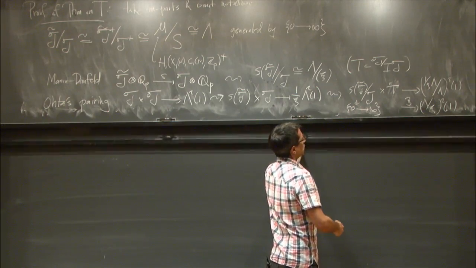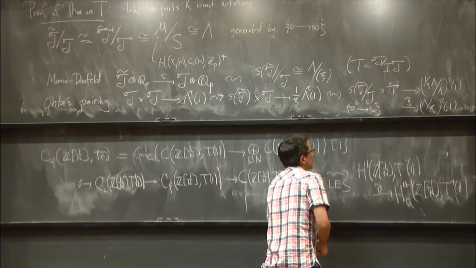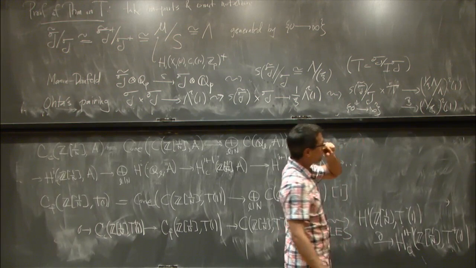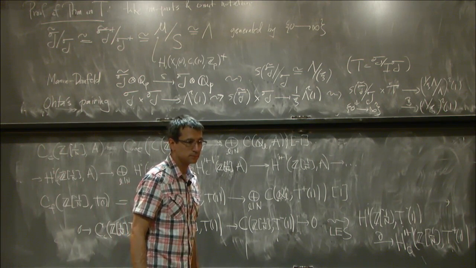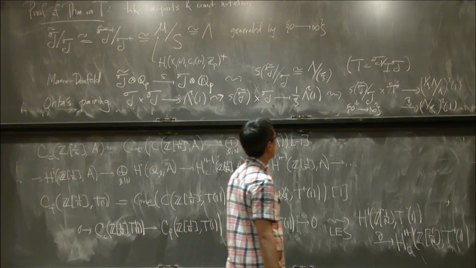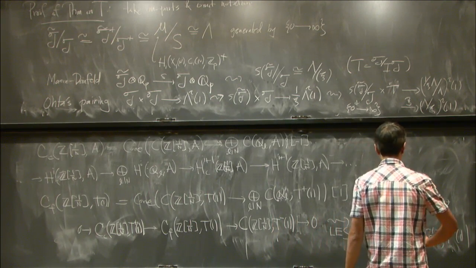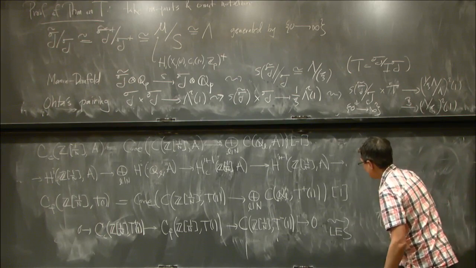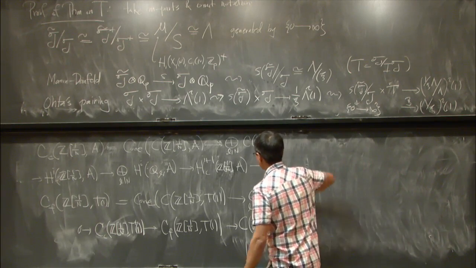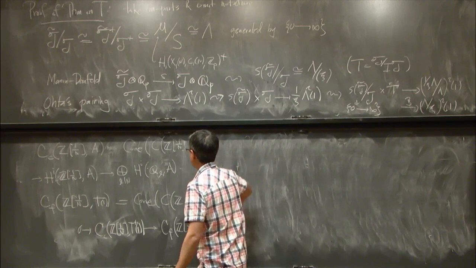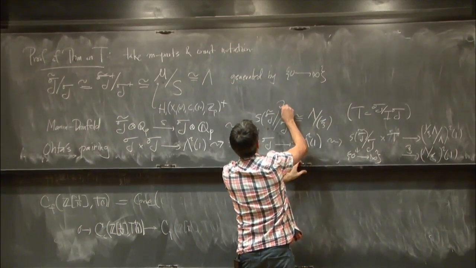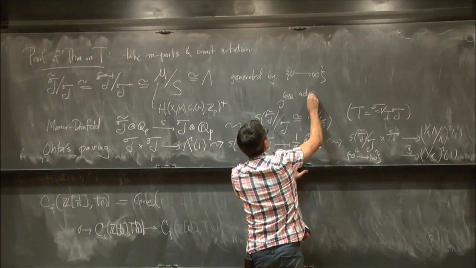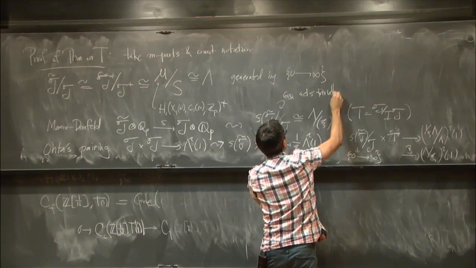OK. So I could pair with that, and that gives me a map. Oh, it's that Roman T is curly T mod I, actually, sorry. So that gives me a map, and I should say that this quotient is fixed by the action of the Galois group. G Q acts trivially here.